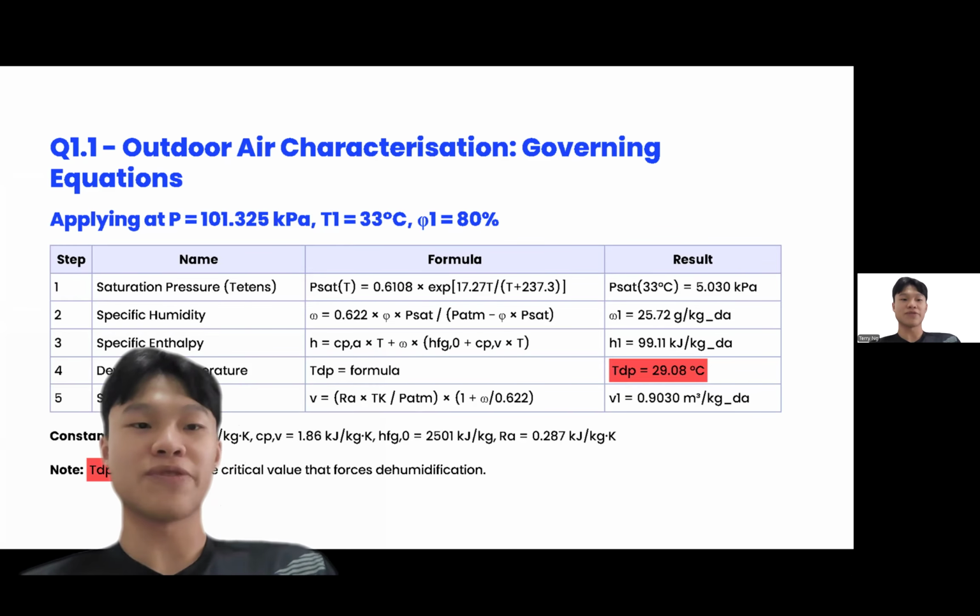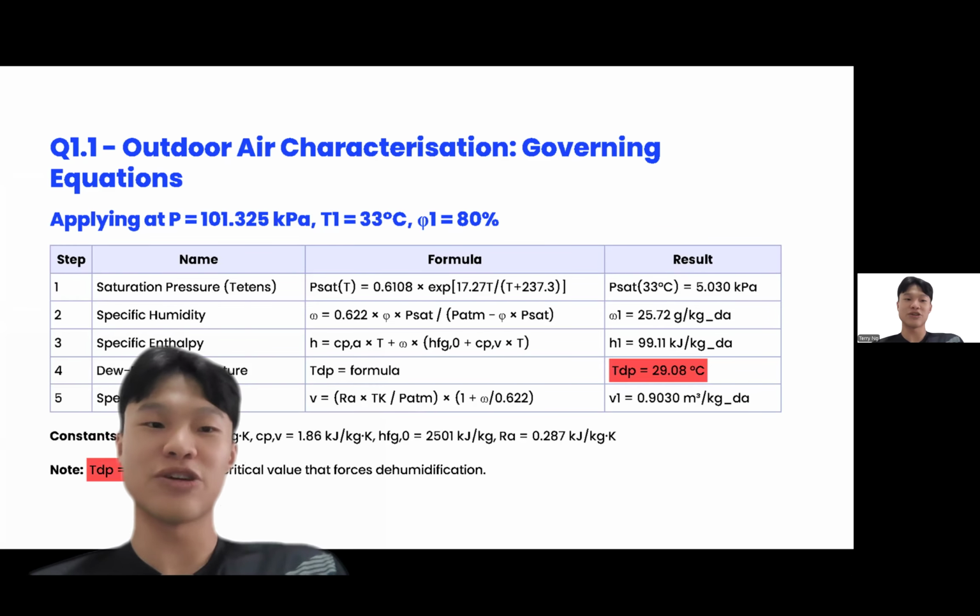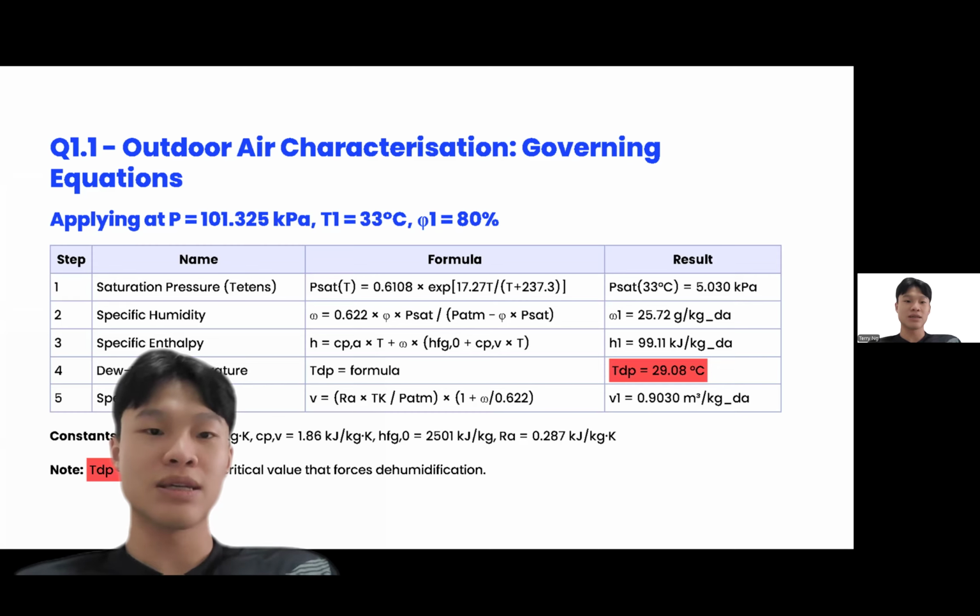Step 5 is the specific volume, which is 0.9030 cubic meters per kilogram, which I'll use to convert the volume flow into mass flow rate. The constants used are shown at the bottom, where CPA equals 1006 and CPV equals 1.86.